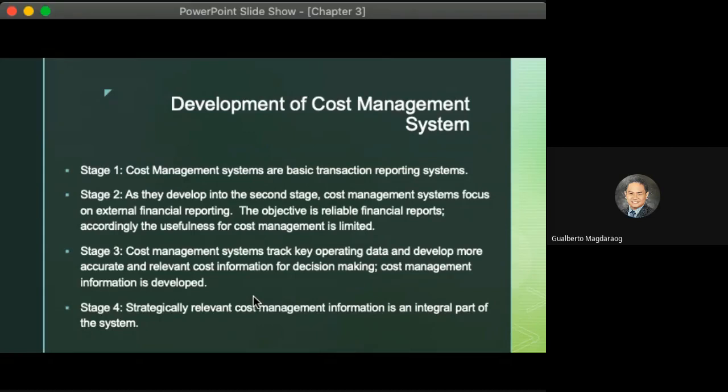Nagsasabi ka na dyan sa mga department mo na, nakaka-contribute pala ito sa net income natin. So we have to use this cost management information and implement this one para ma-reach natin yung target natin. Okay? So even sa HR, darating ka din sa punto na even your employees can be measured as one of the factors that may increase your net income.